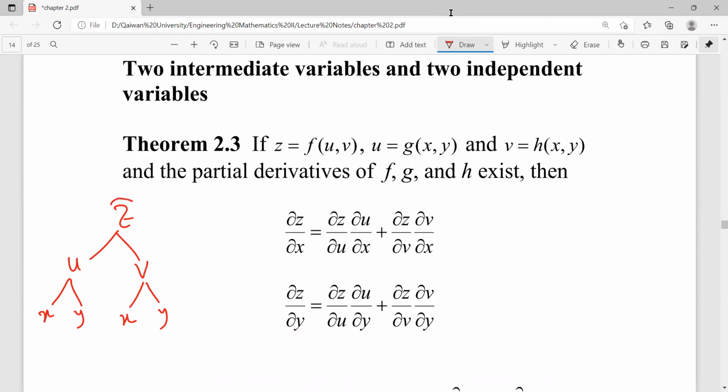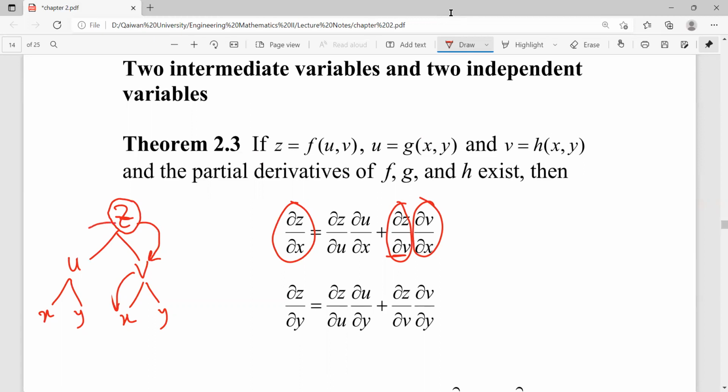We say we take the derivative of z with respect to v, multiplying by, for example, if you want to find partial z by partial x, in z we have no x. So what do we do? We are going to find partial z by partial v, and then partial v by partial x. Look, partial z by partial v, multiplying by partial v by partial x, plus we are going to do it for all variables in z.